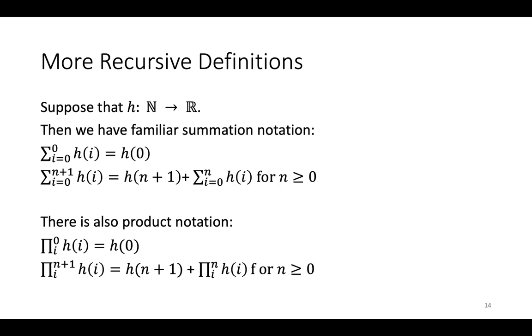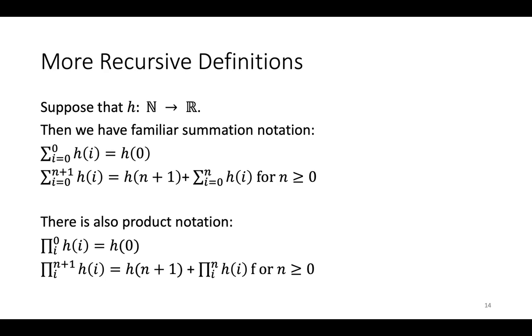The first one is the summation of 0, that is h of 0, and the next step, n plus 1, will be the summation of h of n plus 1, and the previous step, the summation from 0 to n, plus the next step.